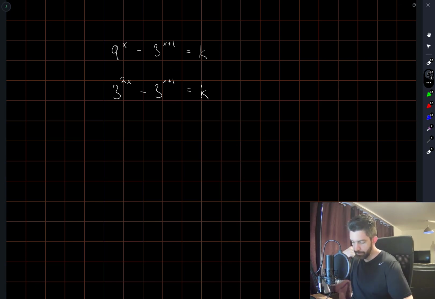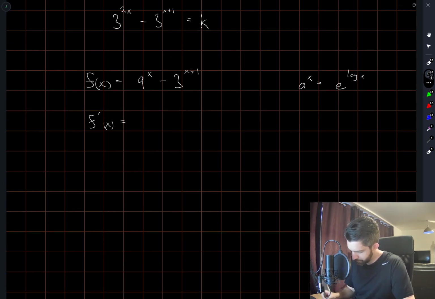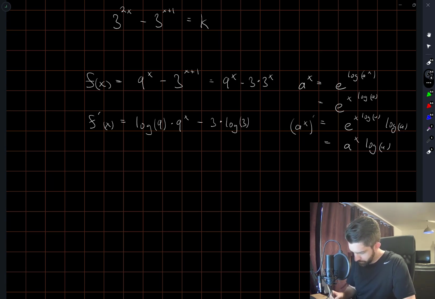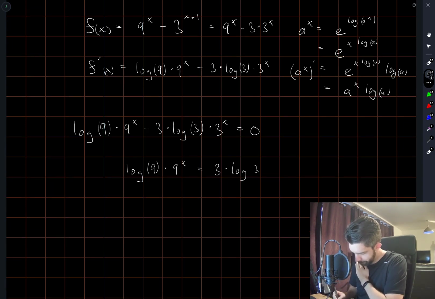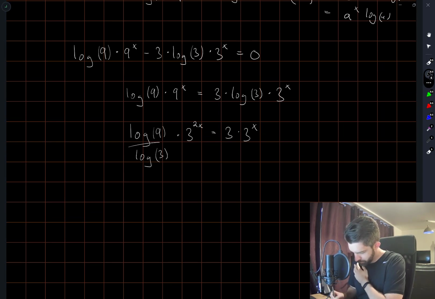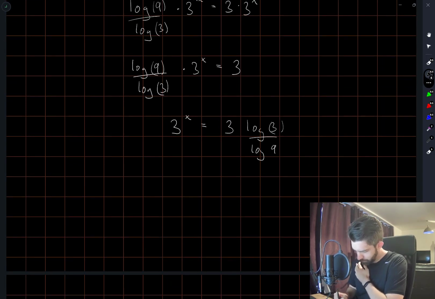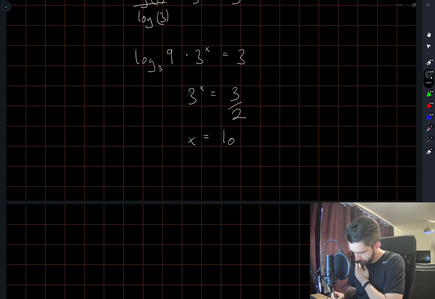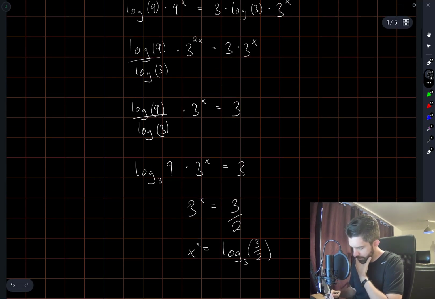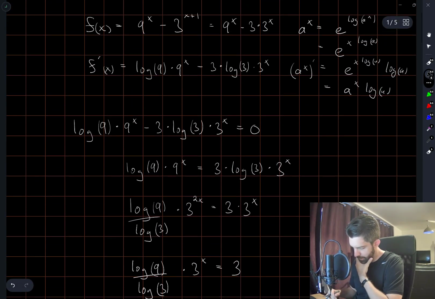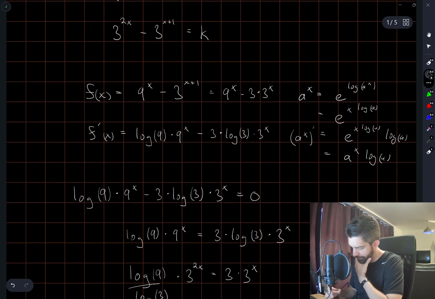What if I take a derivative and set it equal to 0 and try and find a minimum? Okay, so I found a critical point of this function.